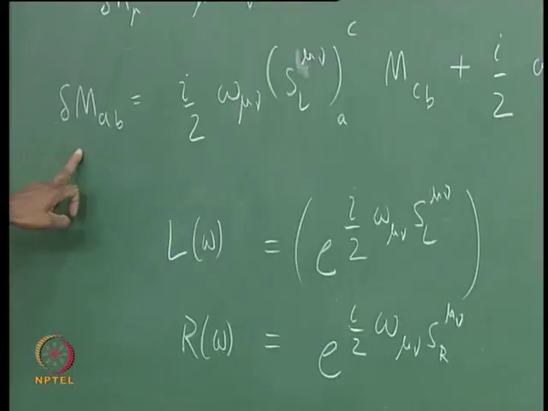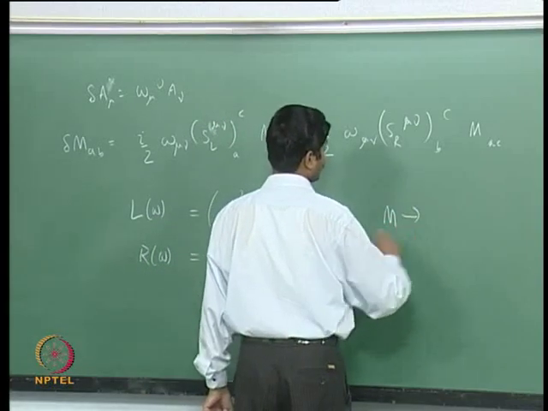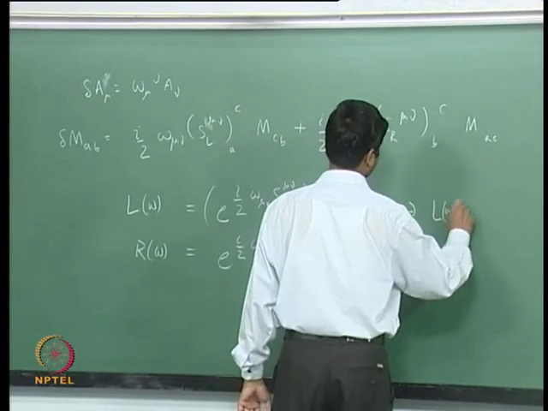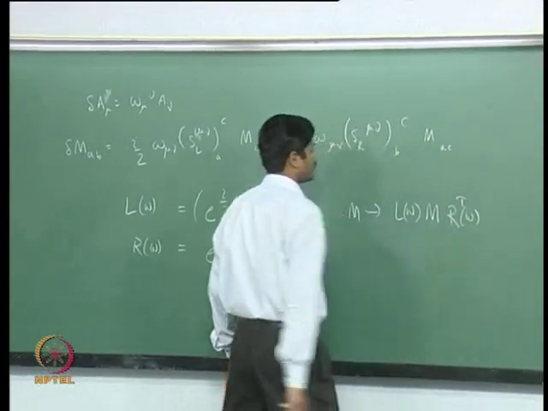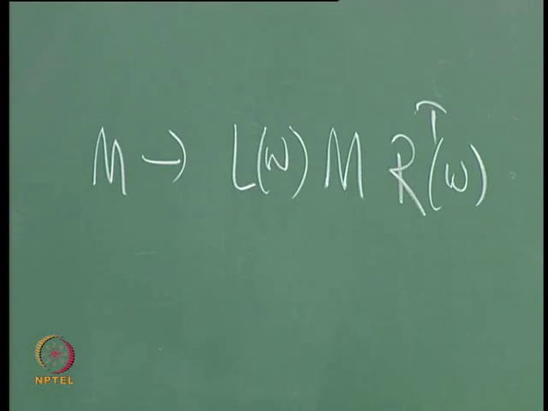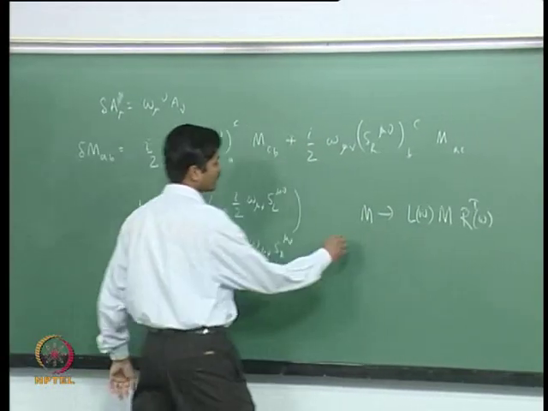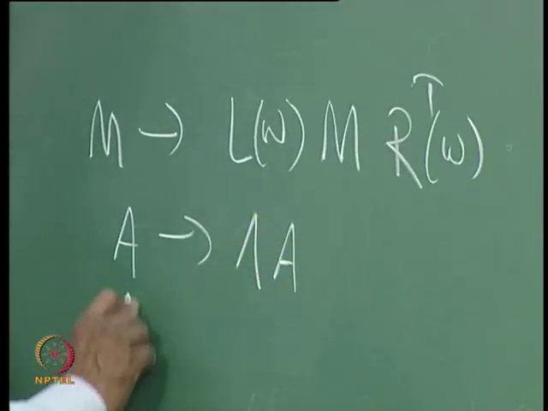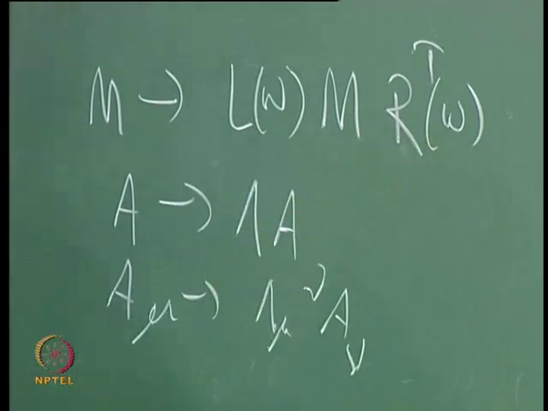Then the vector field MAB transforms like M goes to L of omega M R transpose of omega. This is how a vector field transforms under Lorentz transformation, or in other words, this simple transformation A goes to lambda A, or A mu going to lambda mu nu A nu, can be rephrased in this form.